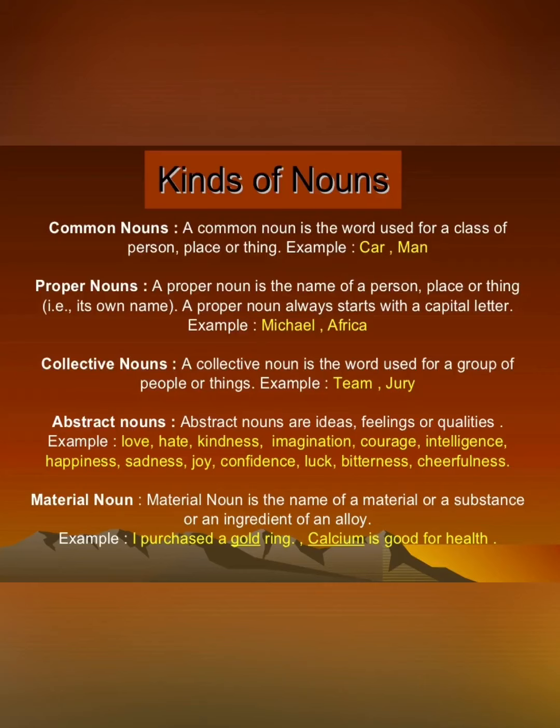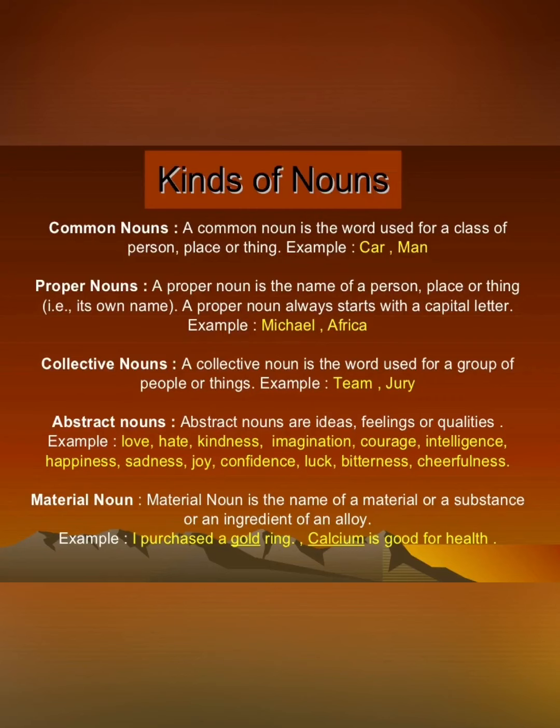Now we have concrete nouns. Concrete nouns basically refer to people or things that exist physically and that at least one of the senses can detect. For example, dog, tree, apple, moon, sock.